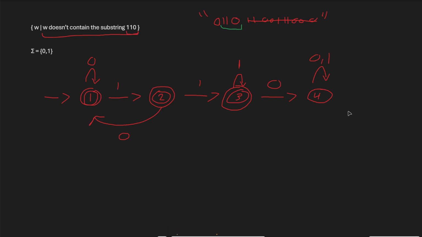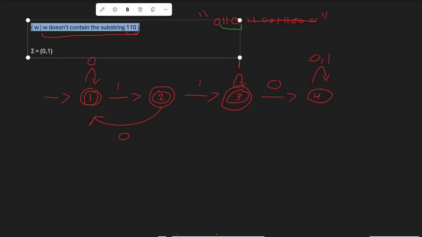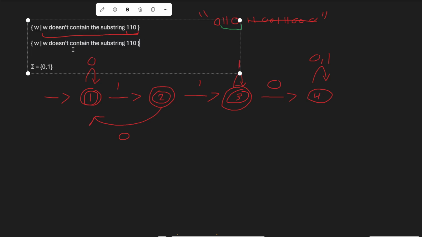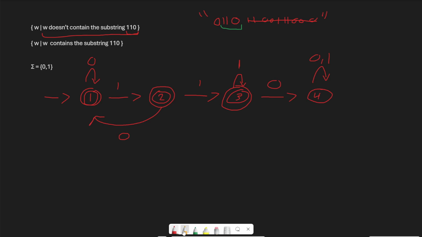Now, this is the final DFA for this language, but if we were to say we had the complement of the language, where it's asking for W contains the substring 110, what we would do is copy this diagram, but then invert the accept states. So basically we would have an accept state on state 4 and none on the others.